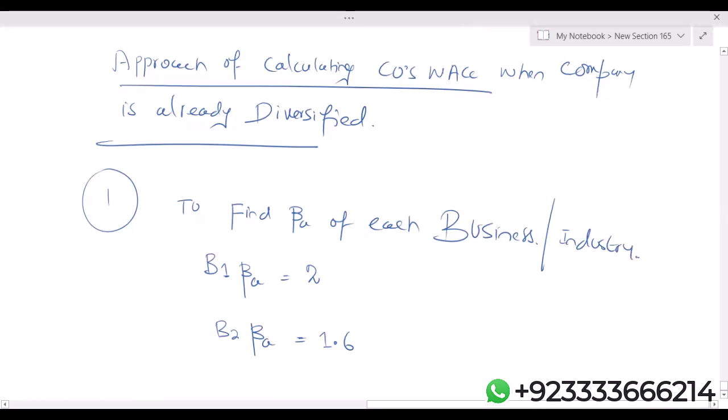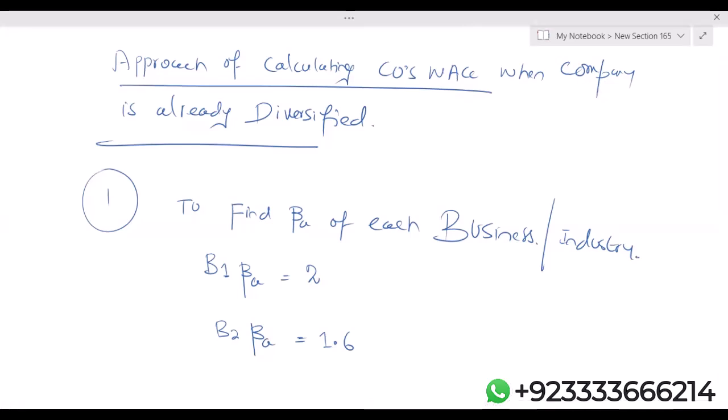Let's say examiner has directly given you the beta asset of business one is, let's say, 2. For business 2, examiner might have given you the information of proxy company equity beta and gearing. So what are you going to do? You will take proxy company's equity beta and de-gear to calculate beta asset.